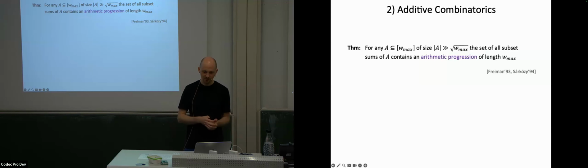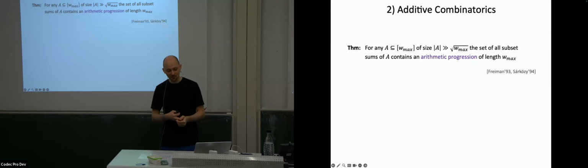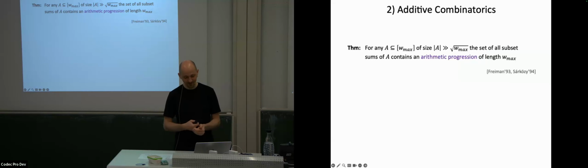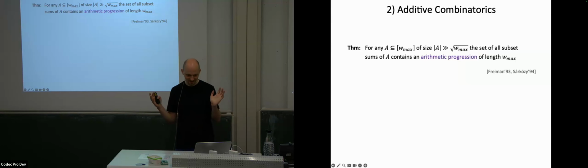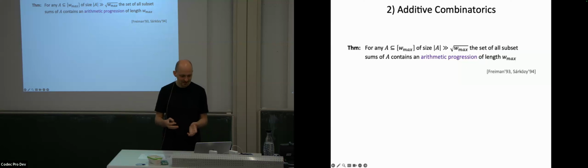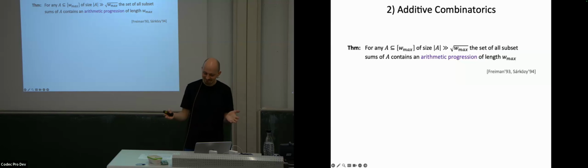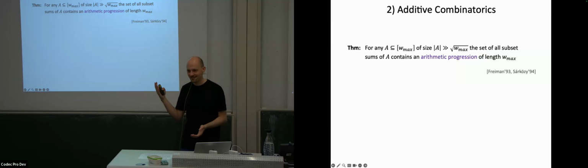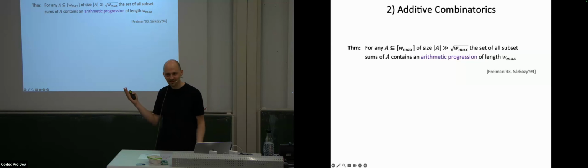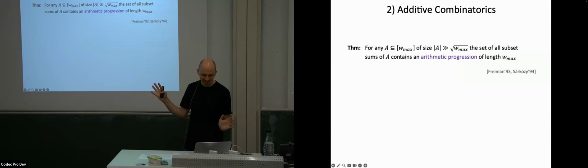So if it's much more than square root size, then if you look at the set of all subset sums of this set A, this contains a long arithmetic progression. This is an existential result in additive combinatorics, which is a subfield of mathematics. So it's not immediately clear why this is interesting or what applications it has, naturally.